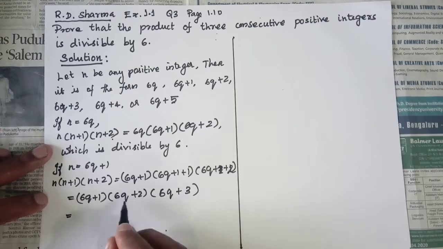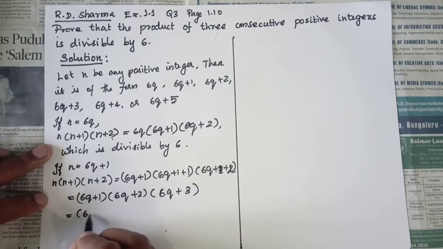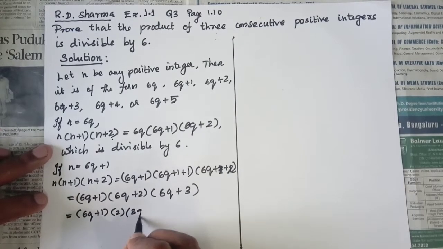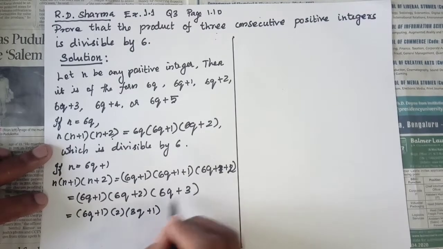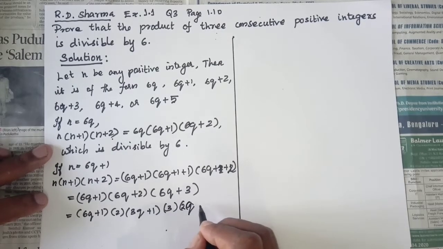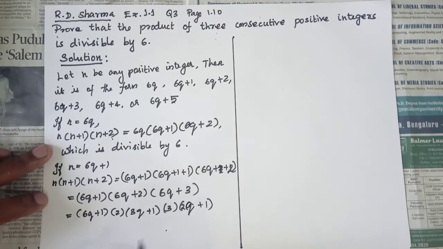Now from these two, from this one we can take 2 as common. So in 6q plus 2, if you take 2 as common, we have inside remaining 3q plus 1. Here we can take 3 as common, so what is remaining? We can write 2q plus 1. Here 2 threes are 6.